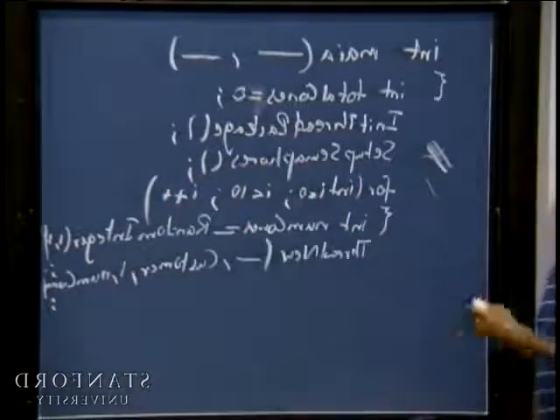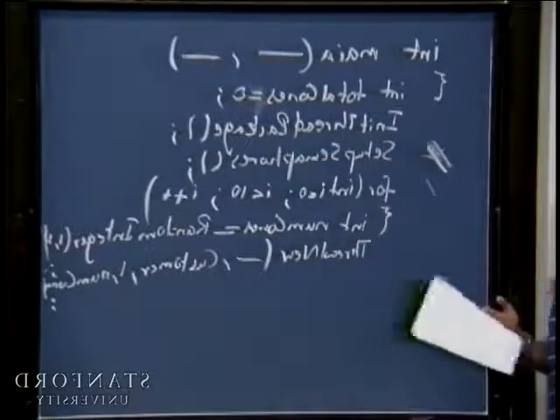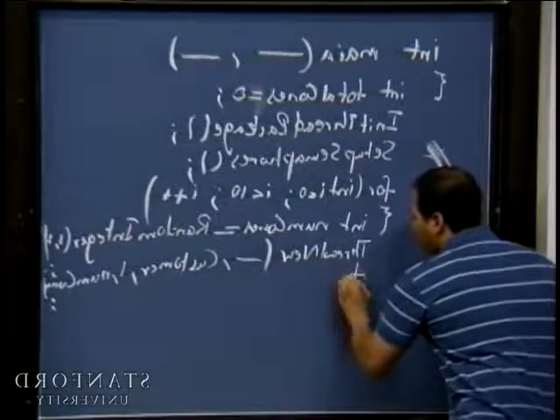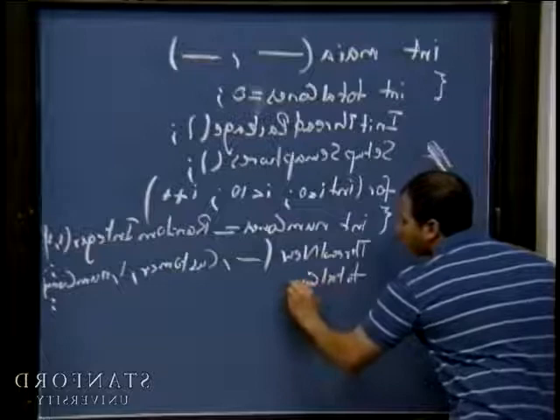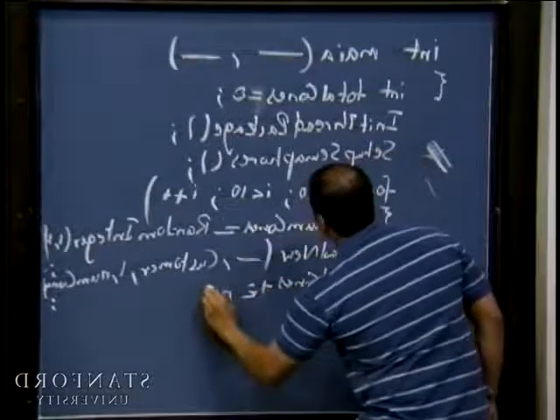All right? After doing that, we have to add this number of cones to the total cones, because we will need to pass this total number to the manager eventually. So total cones plus equals num cones.